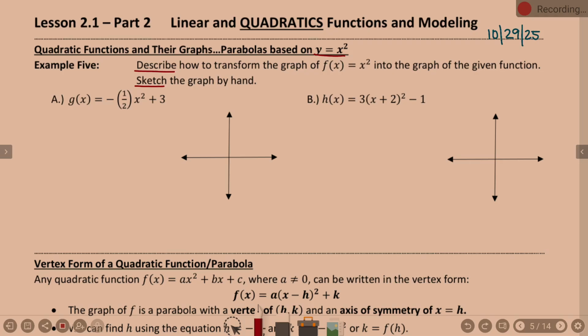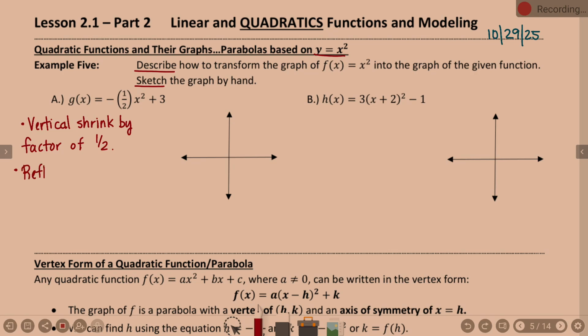Off to the left here, I'm going to write down all this information we just talked about. There's a vertical shrink, you can use shrink or compression, I'm using shrink, by a factor of 1/2.